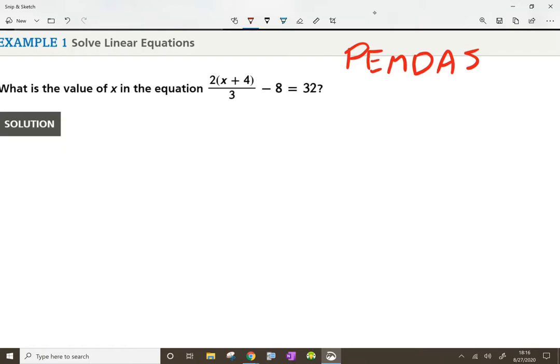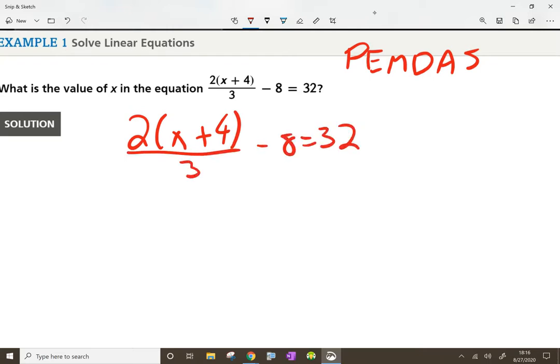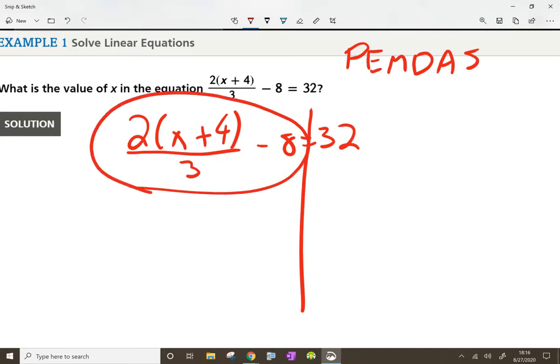So one thing that I like to do, let me go ahead and rewrite this problem, is I like to put a little line down where the equal sign is. And that separates the two sides of the equation. We have the left side, which has pretty much all this very interesting stuff.